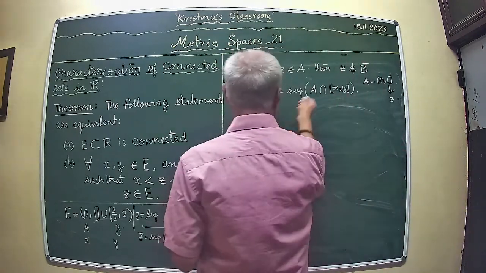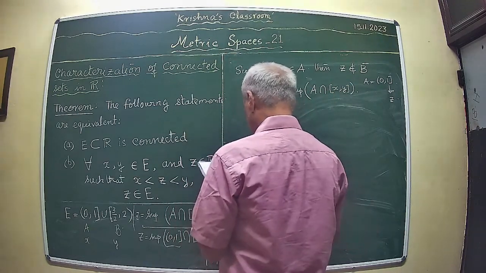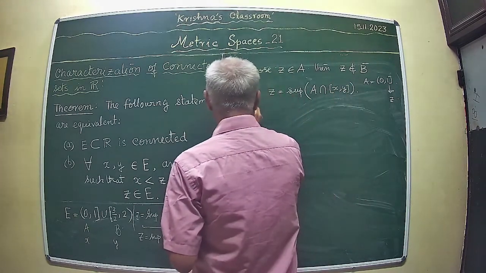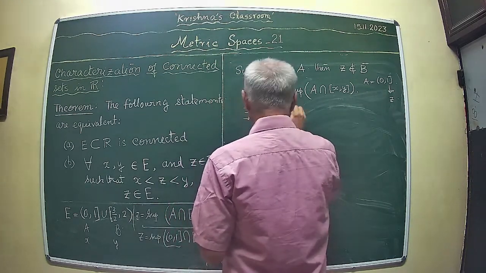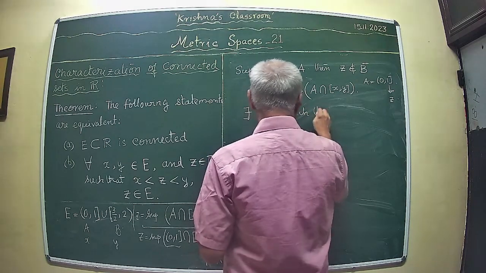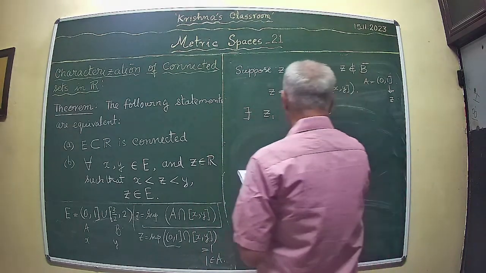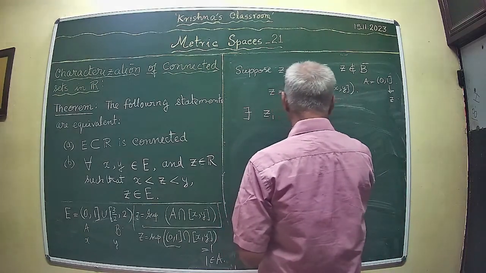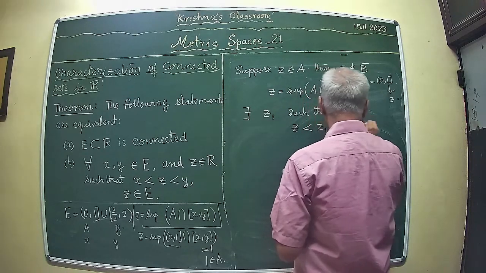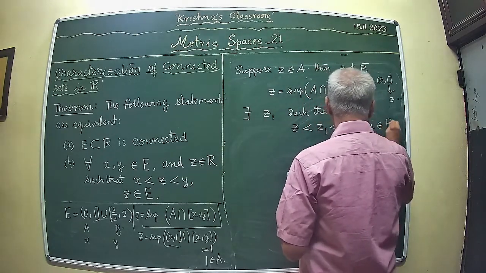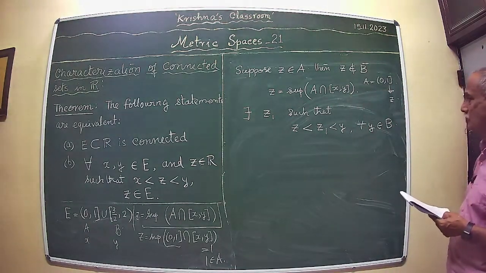Then of course, certainly Z belongs to A, Z does not belong to B closure. So there exists a Z1 such that Z less than Z1 less than Y for every Y belonging to B. Why is it so? Okay.